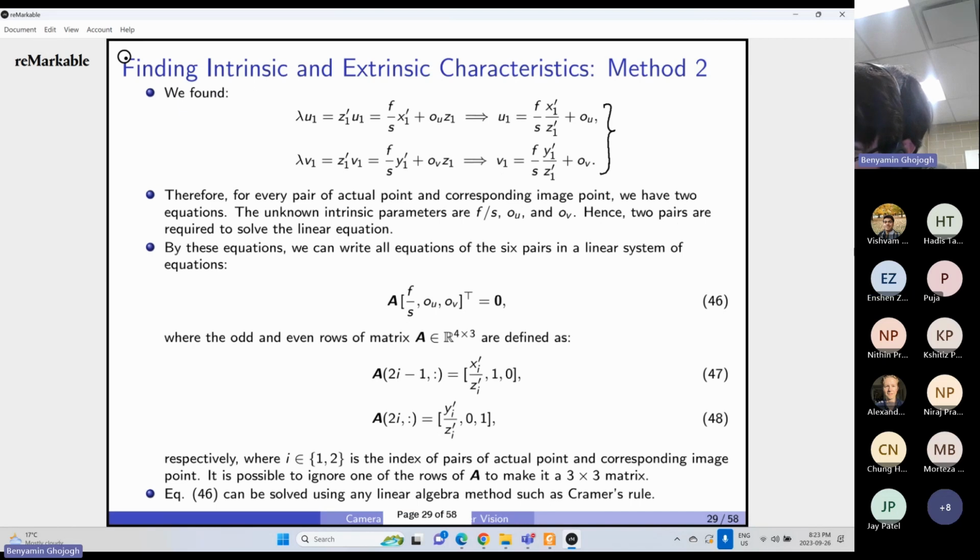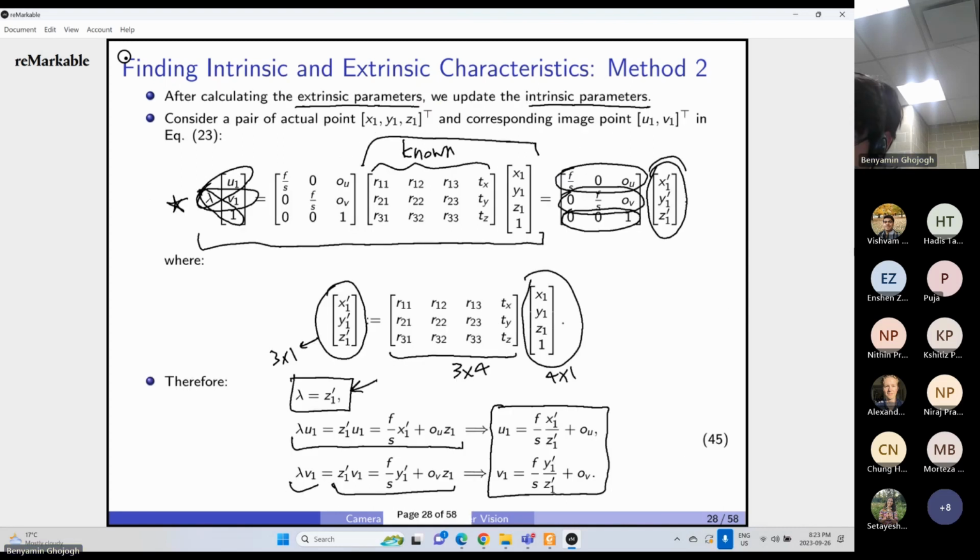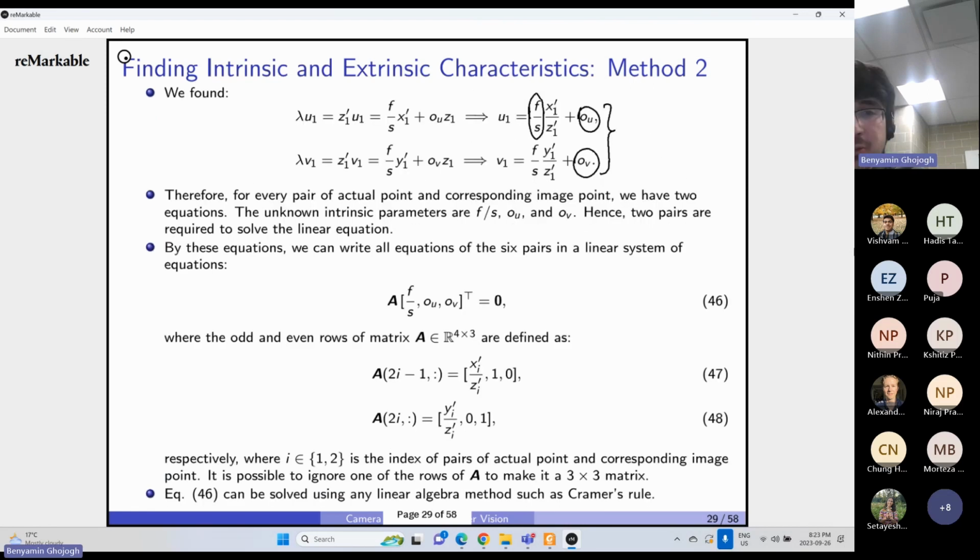We got these two. And here, what are my unknowns? You tell me. F over S, Ou, and Ov. Agreed? These were the unknowns, right? So I have two equations. How many unknowns do I have? You can see 3 unknowns, because we usually consider F over S as one unknown.